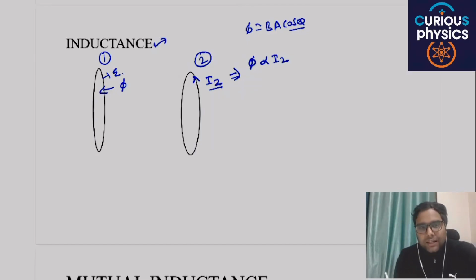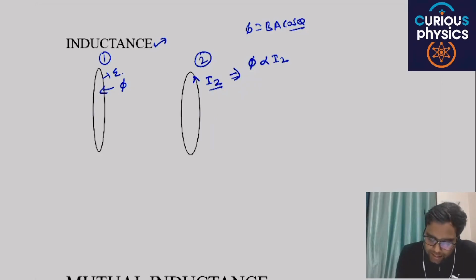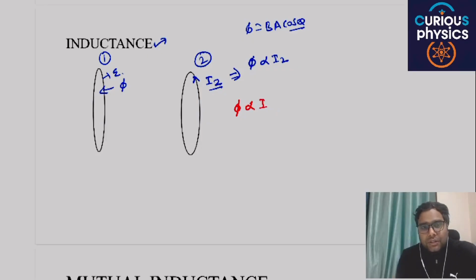In general, phi is directly proportional to I. The flux can be increased or decreased by increasing or decreasing the value of current. Are you able to understand my point or not?